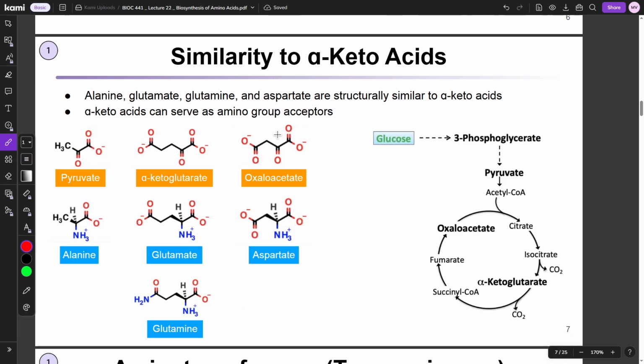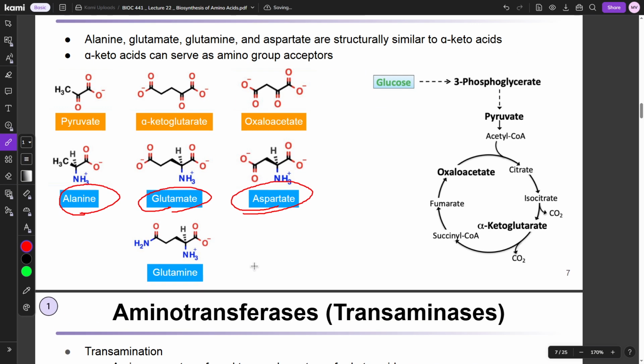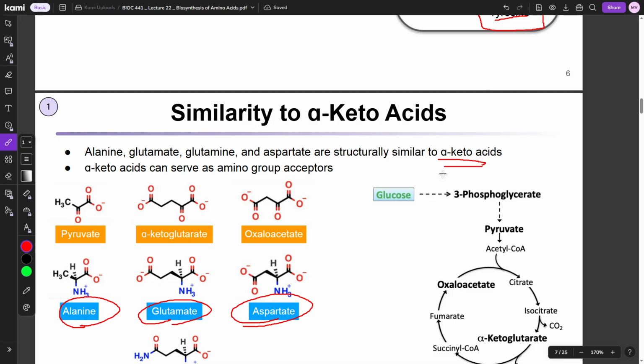What I would tell you to know and understand is how we get a decent number of these. Things like alanine, glutamate, and aspartate are very structurally similar to alpha keto acids that are in glycolysis and the Krebs cycle.